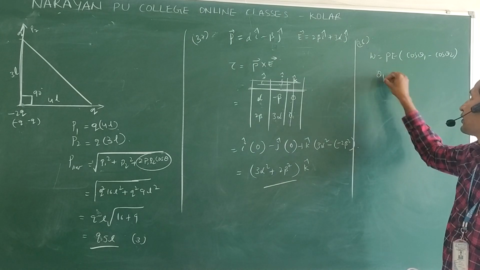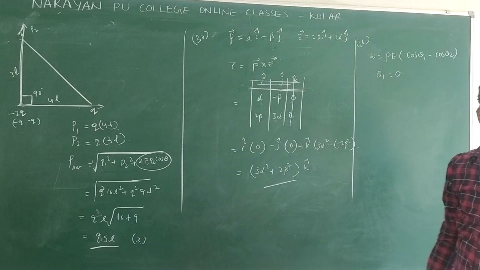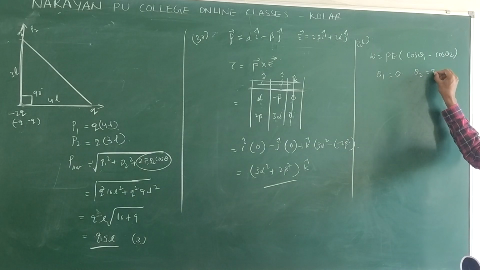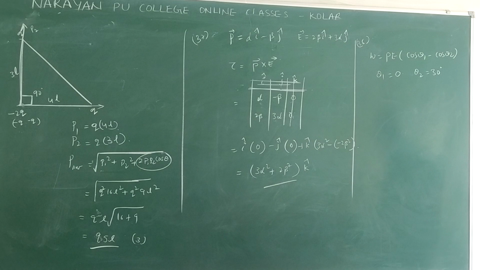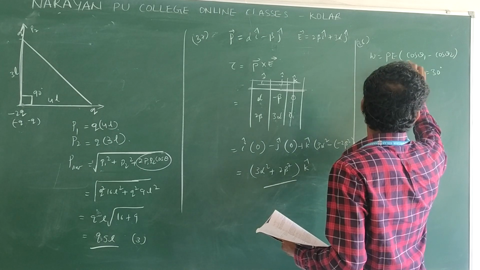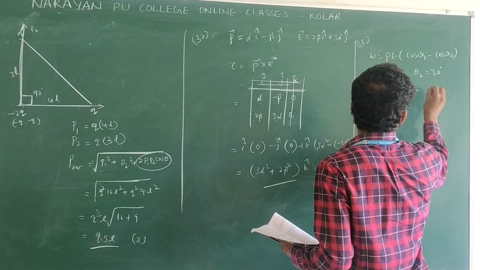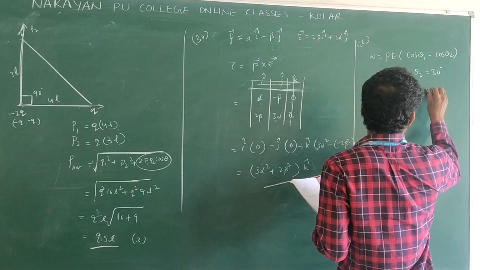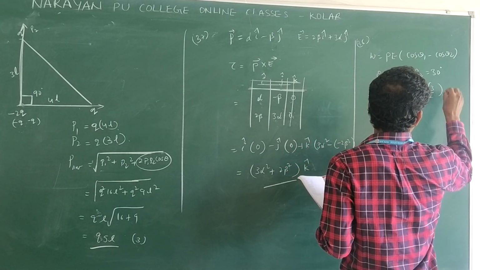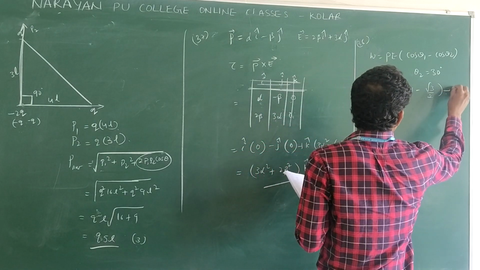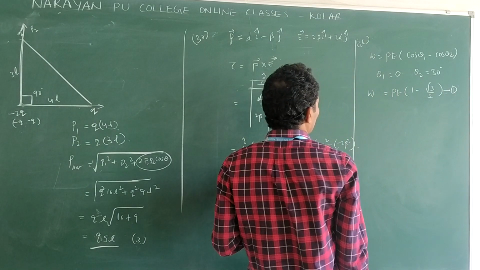First, the initial case: theta 1 is 0. They mentioned parallel. From the parallel position to another position, they rotated by 30 degrees. In this case the work done W is equal to PE cos 0 minus cos 30. Cos 30 is what? Root 3 by 2. Clear? Now this is equation 1.